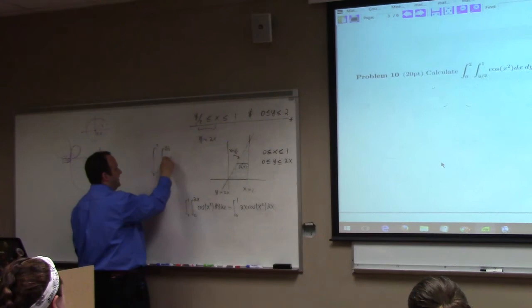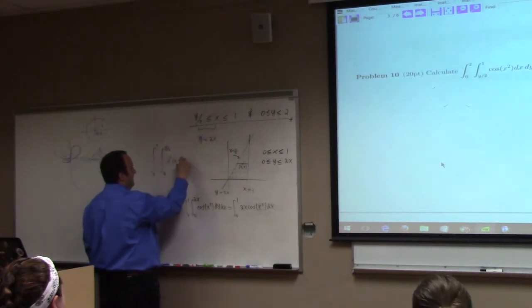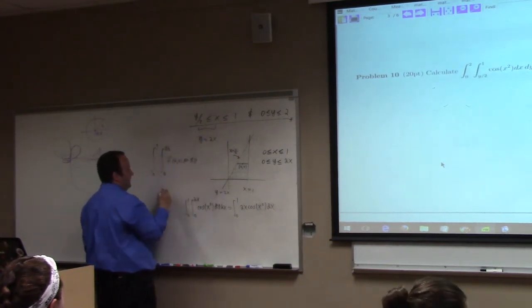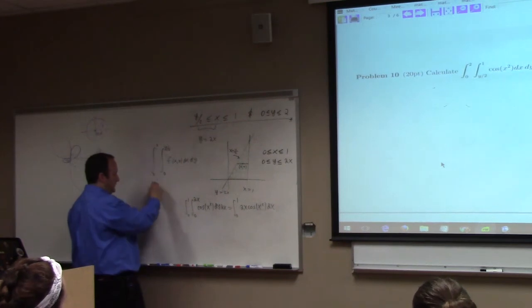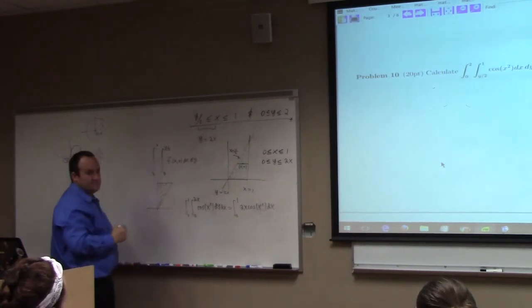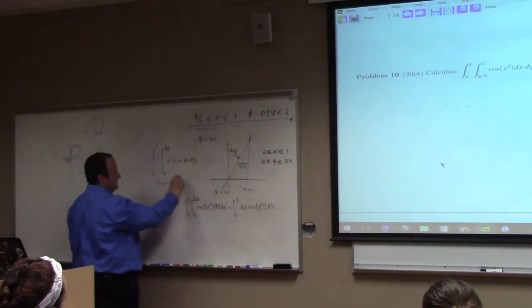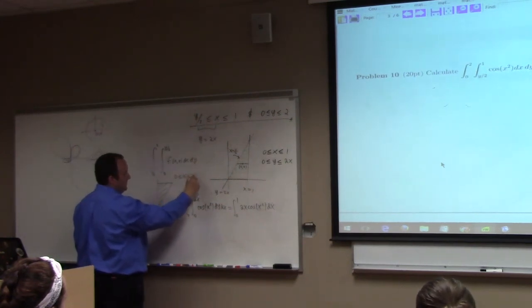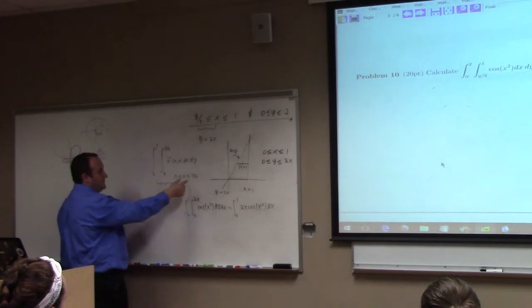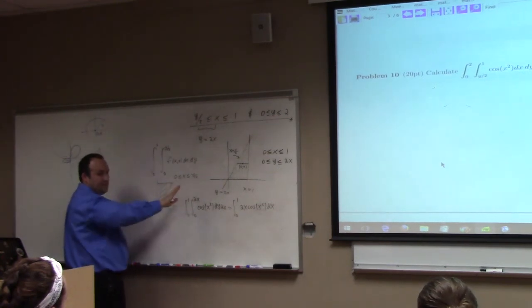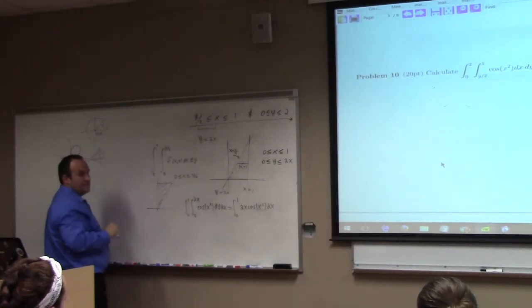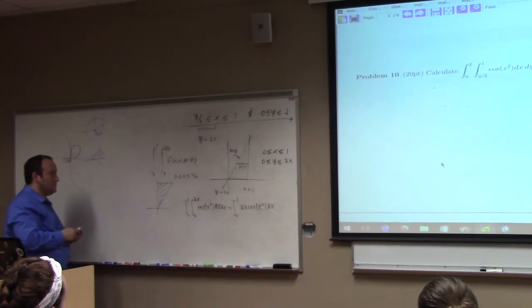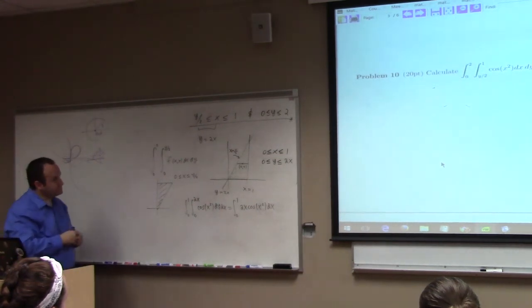If I had that, that would look like what you're saying, which is this one. See, because this would suggest 0 less than or equal to x less than or equal to y over 2. That would say that the y over 2 curve is to the right of the integration region as opposed to the left. There's a difference, yeah. Good question. Yeah.